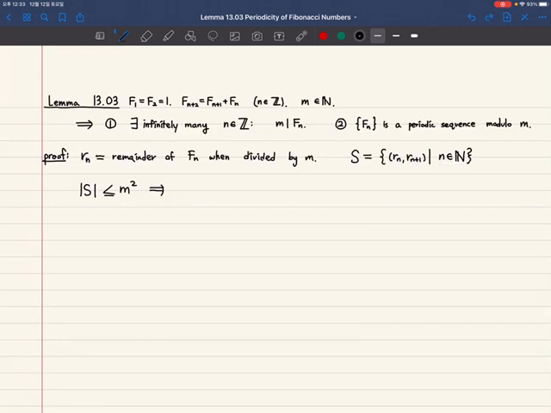Hence, by the Pigeonhole principle, there exist j and k in natural numbers, I don't want to use n again, such that Rj, Rj plus 1 is equal to Rj plus k, Rj plus k plus 1.